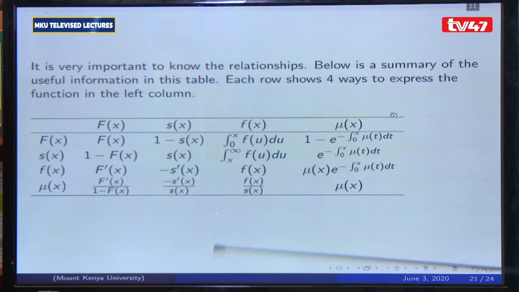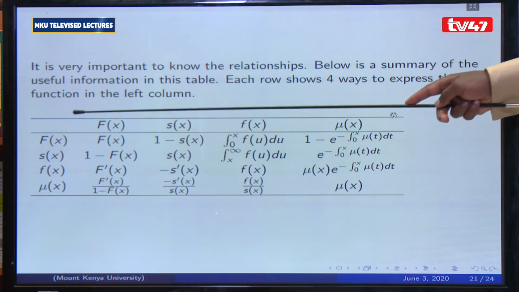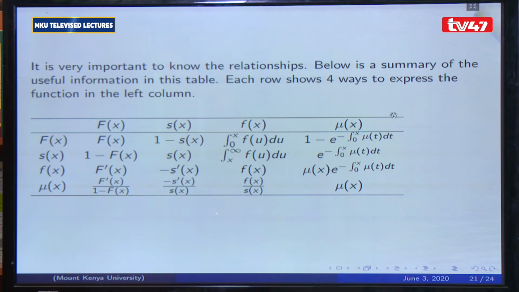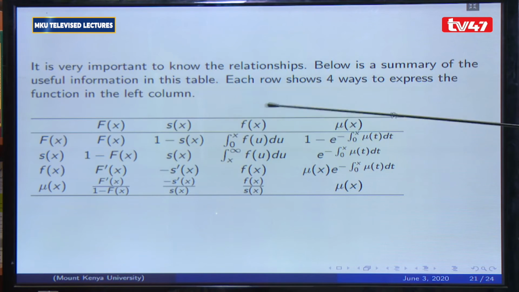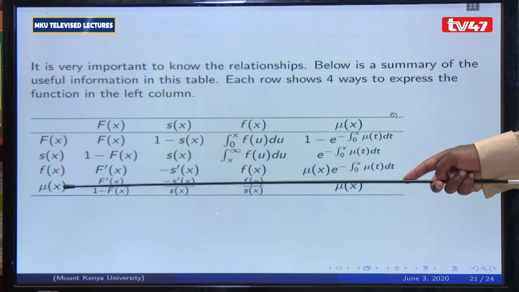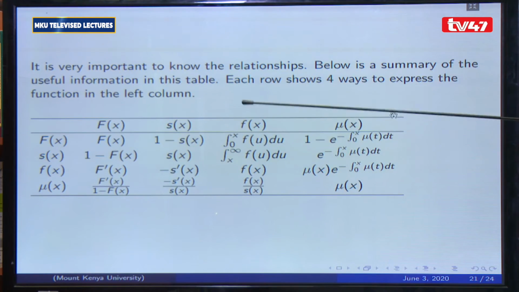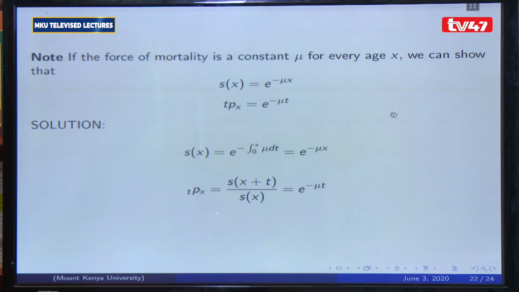We have the probability of survival, Sx, or simply tpx, and then we have the cumulative distribution function, that is the probability of death, and then we have mu x. We can use either relationship and find the corresponding one. So if we have mu x, we can express it in terms of fx all over Sx and so on.